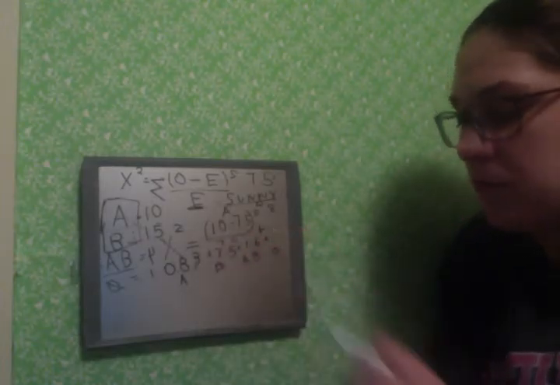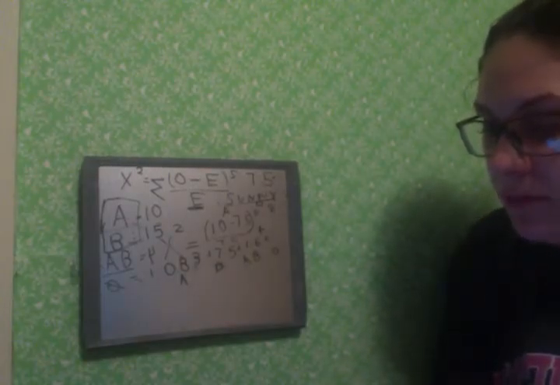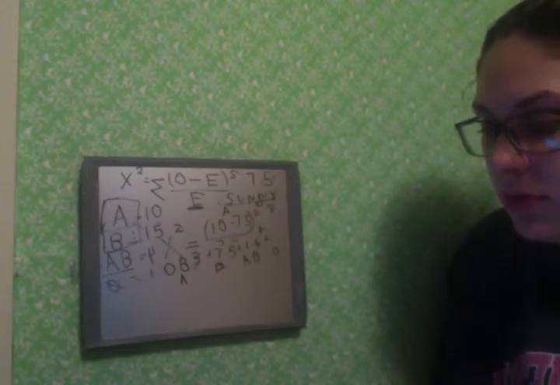And then 0 is 1 minus 7.5, times itself, divided by 7.5, which is 5.6.